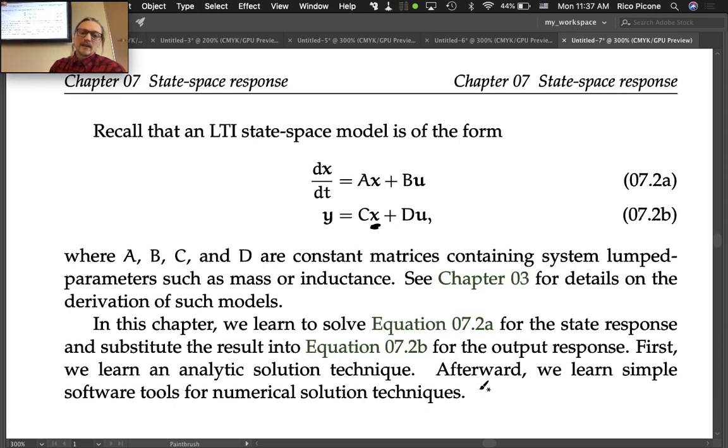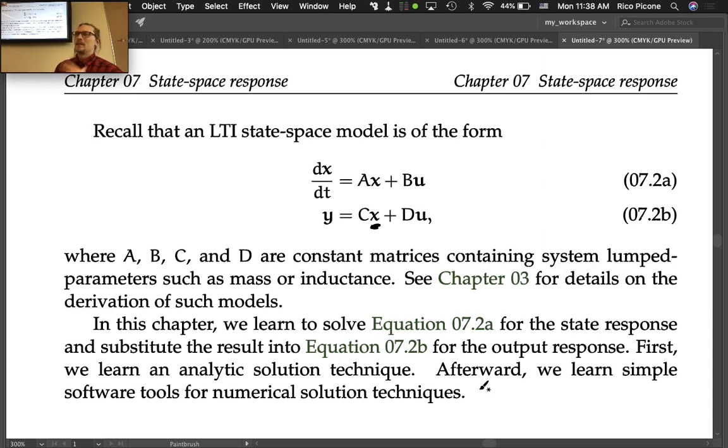First, we learn an analytic solution technique, and that's what we'll focus on in the first couple of lectures. And then the last lecture in the chapter, I think it's 7.4, we'll learn simple software tools for numerical solution techniques. We'll explore how to do this in MATLAB, and it's almost trivial.